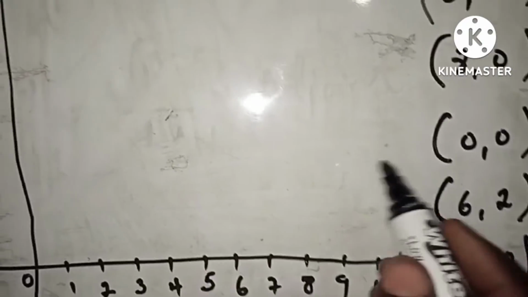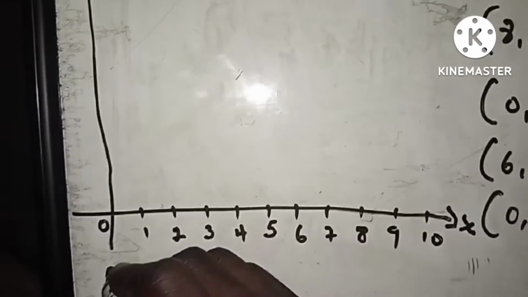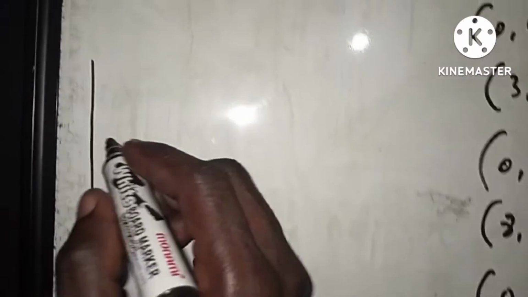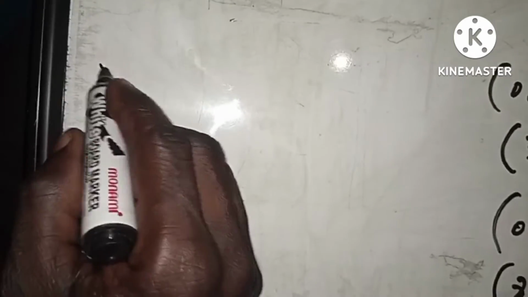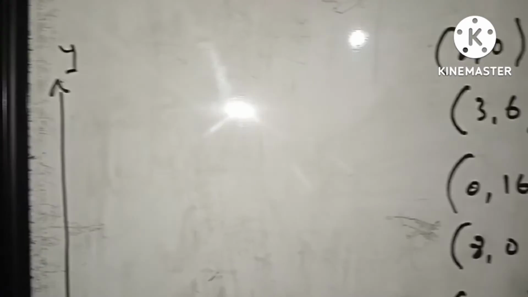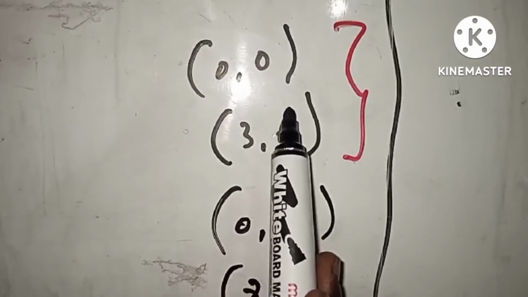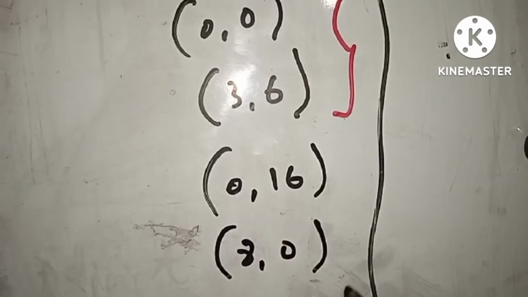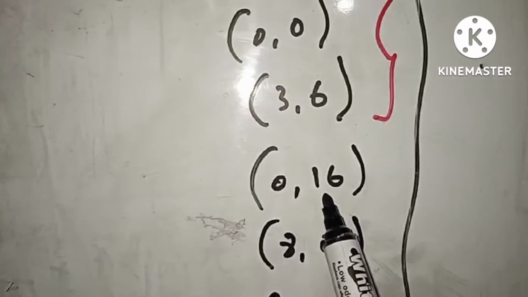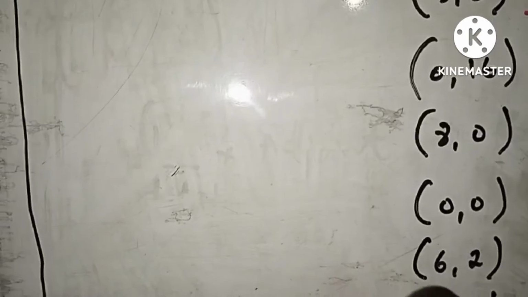The same applies to the y. The y values go from down to top. So this is our y line. The smallest among the y values is 0, and the largest here could be 16. So how are we going to number this?